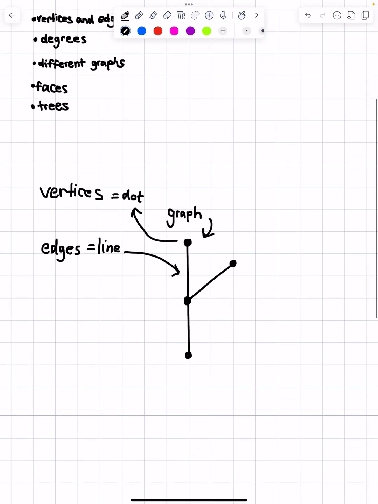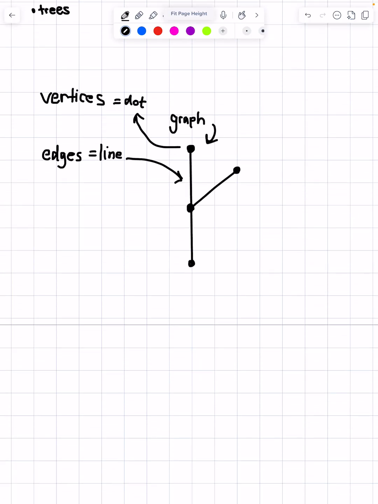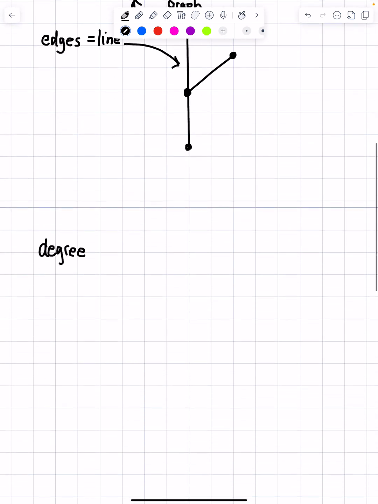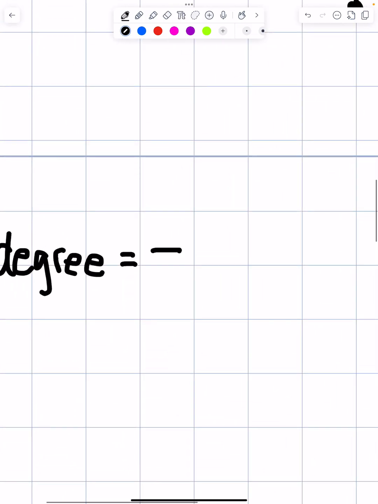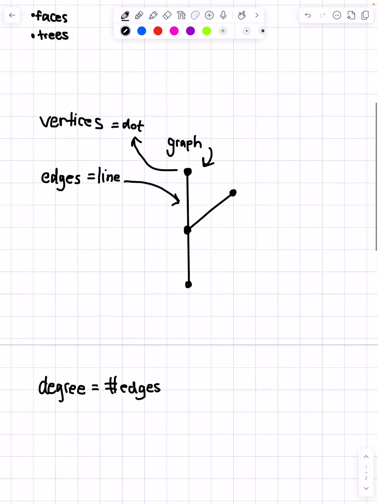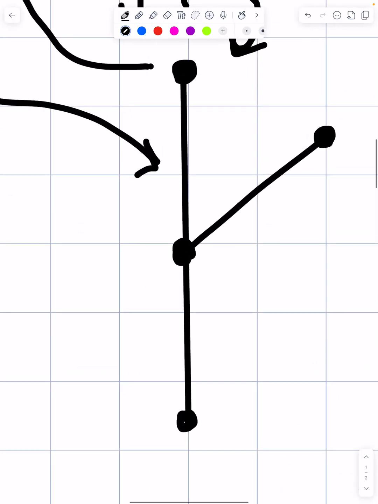Now, let's move on. What are the degrees of a graph? Here. Degrees. Think of degrees as the number of edges connected to a vertex. Let's look at this example. How many edges are connected to this vertex? This would be 1, 2, and 3.